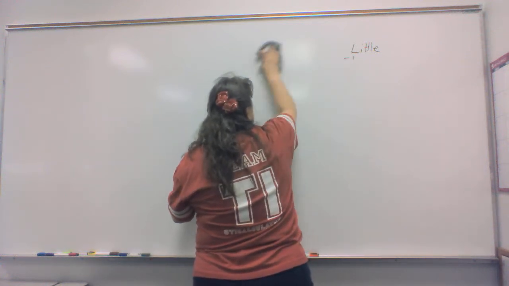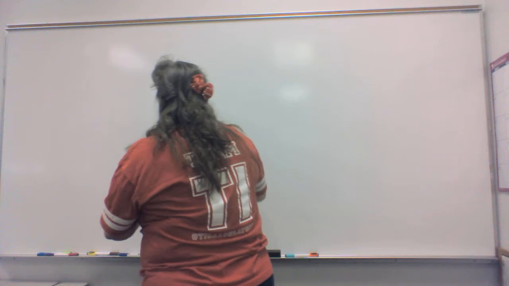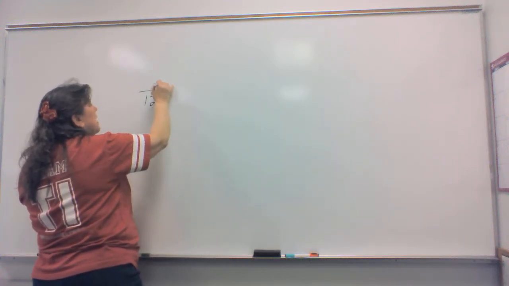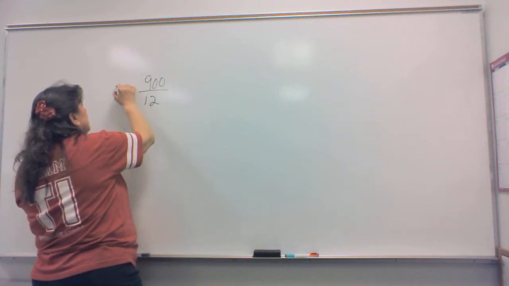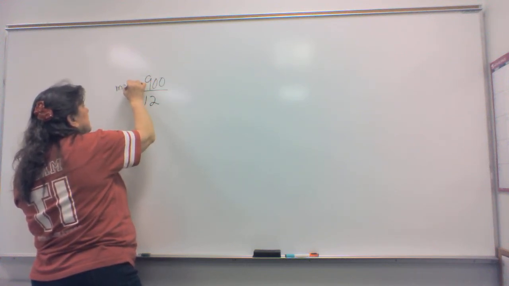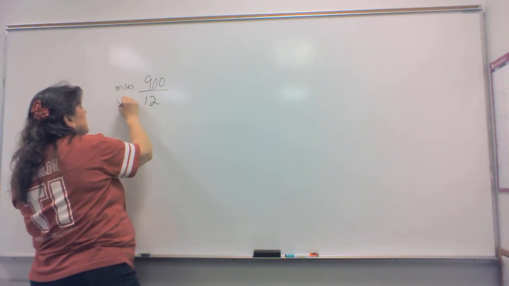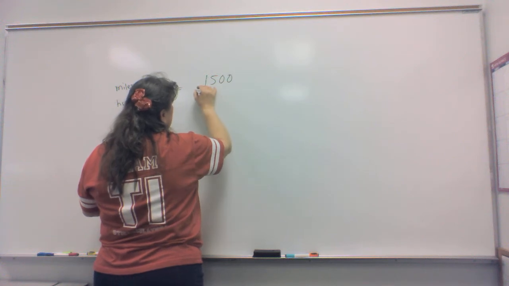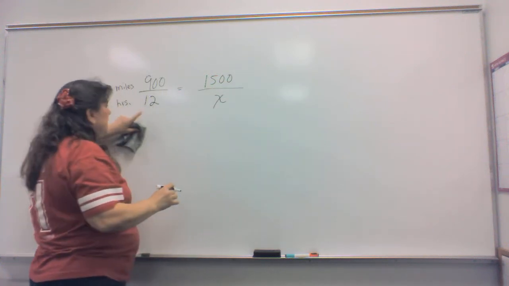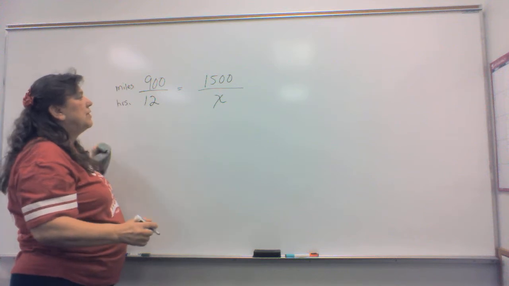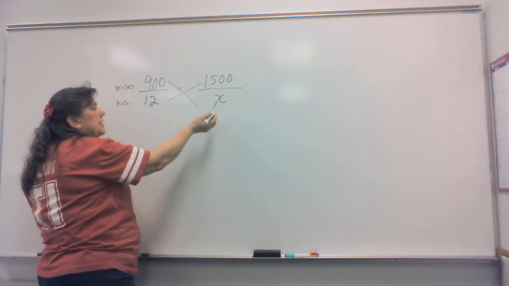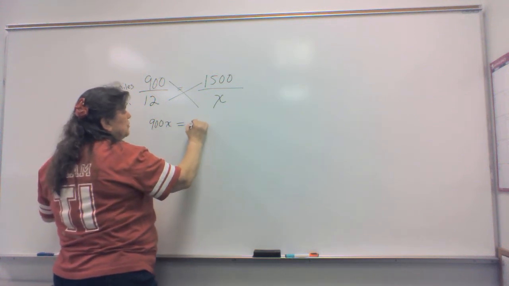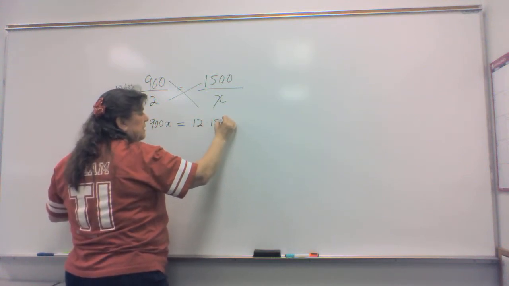You might want to compare, let's say it takes me 12 hours to drive 900 miles. So this is my miles, this is my hours. How long is it going to take me to drive 1,500 miles? So my time is on the bottom, my miles are on the top. Again, your cross products gives me 900x is equal to 12 times 1,500.